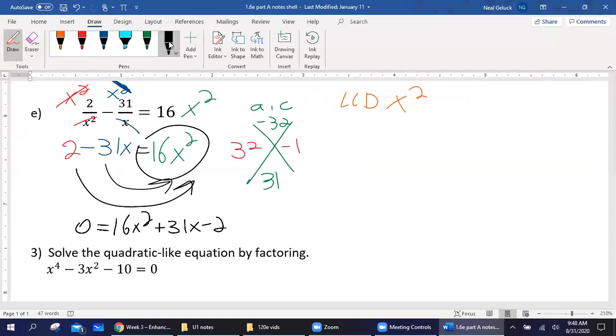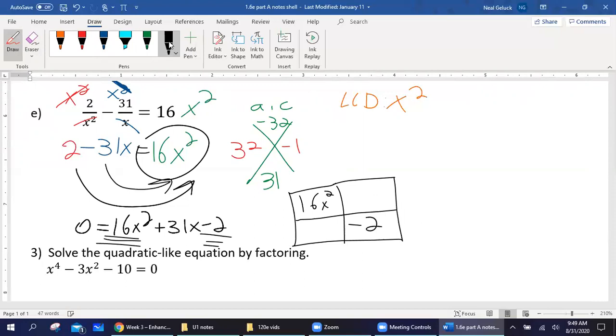Now I go from x to box. First term, first box. Last term, last box. The 32 and the negative 1 go in with the variable attached. And remember, I'm bringing out the GCF of each row and column.